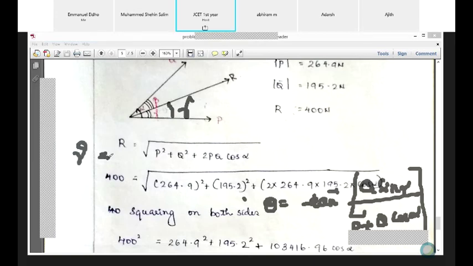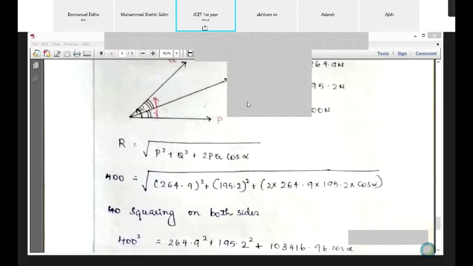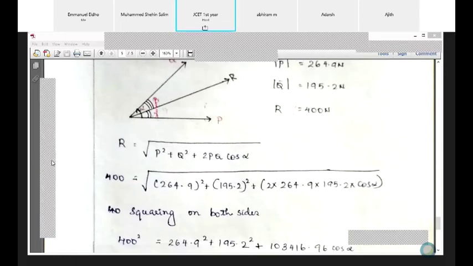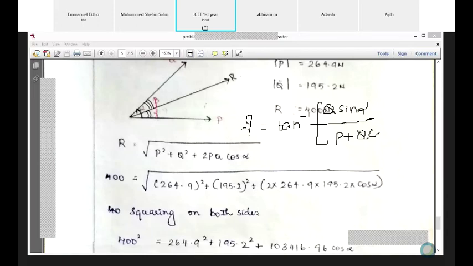That is gamma is equal to tan inverse q sin alpha divided by p plus q cos alpha. ചെയ്തു നോക്കിയ കുട്ടികളെ, എനിക്ക് നെറ്റിന്റെ പ്രോബ്ലം ഉള്ളത് കൊണ്ടാണ് എഴുതാൻ പോകുന്നത്. എളുപ്പമല്ലേ? So this is the equation.